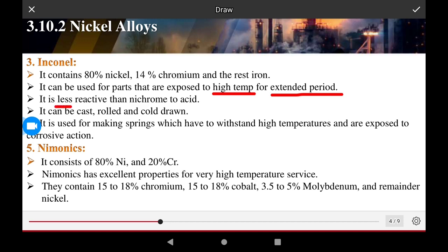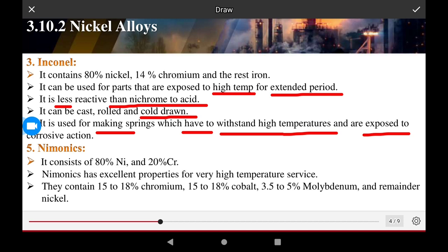It is less reactive than Nichrome. It can be cast, rolled, and cold drawn. It is used for making springs which have to withstand high temperatures and exposure to corrosive action.